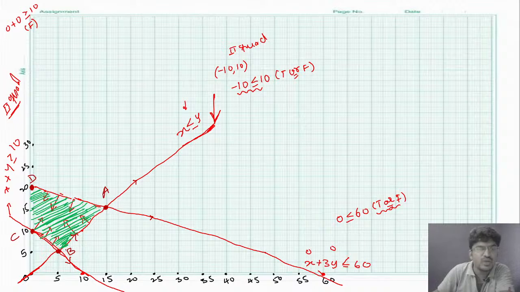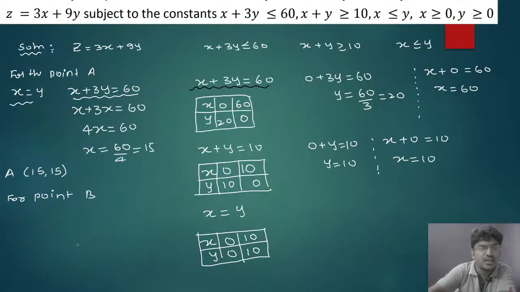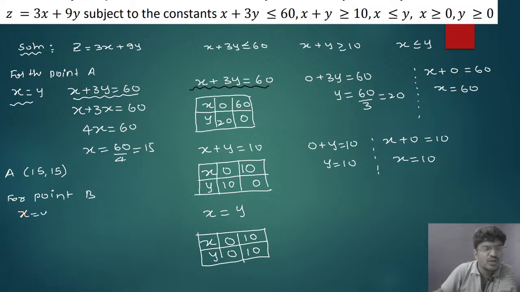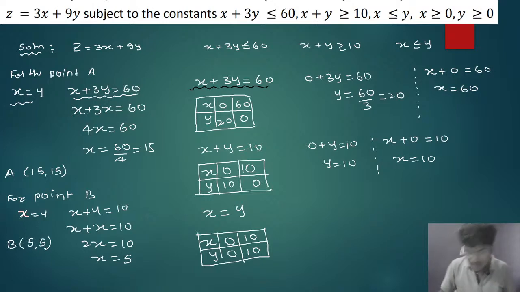So x is equal to y is given, and in the place of y we can write x. So x plus x is equal to 10, 2x is equal to 10. Therefore x is equal to 5, and if x is 5, y is also 5. Point B is going to be 5 comma 5.